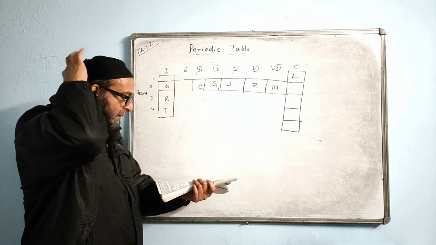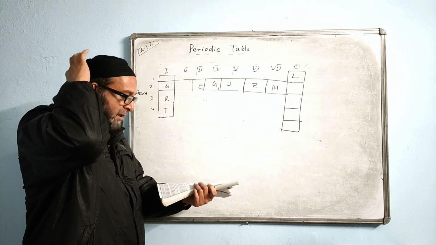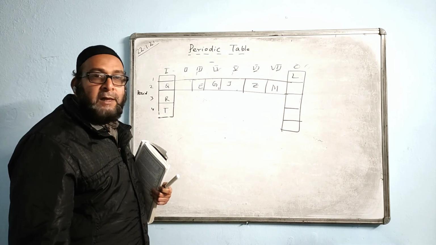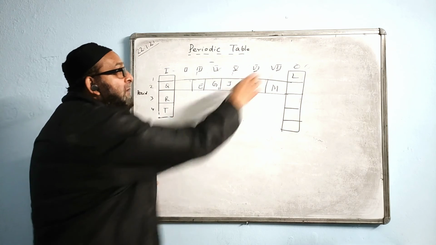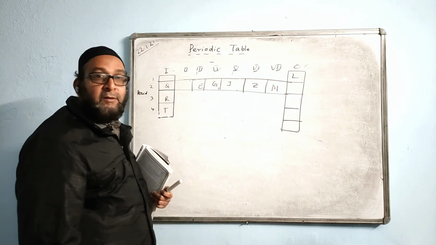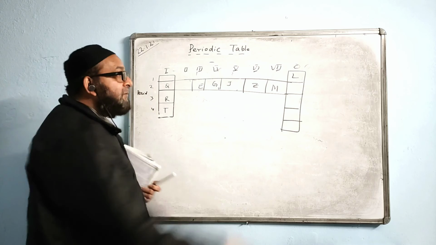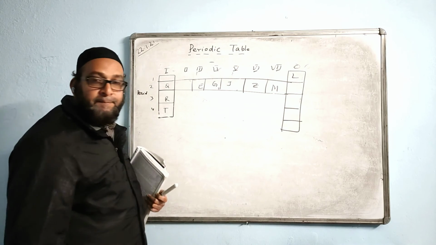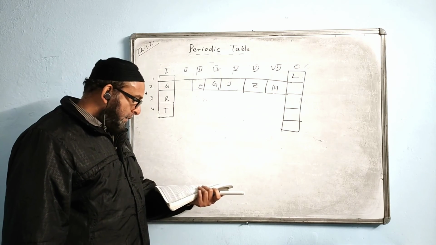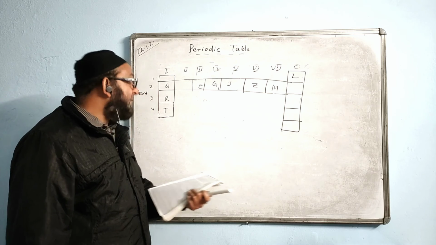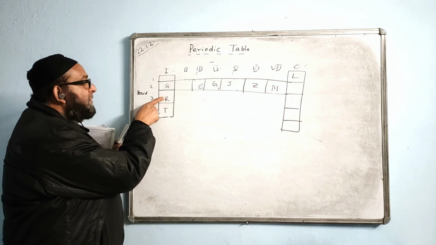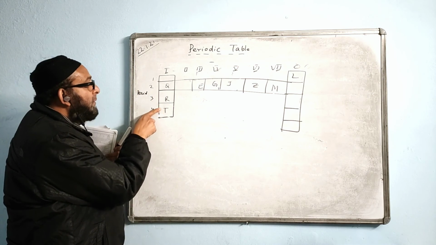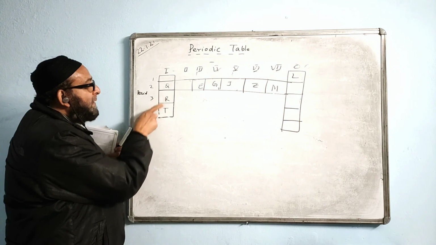Question number 2. Which element shown forms ions with a single negative charge? Hydrogen will form minus 1. Which will form the ion with a single negative charge? M. Which metallic element is more reactive than R? Which one is more metallic than R?